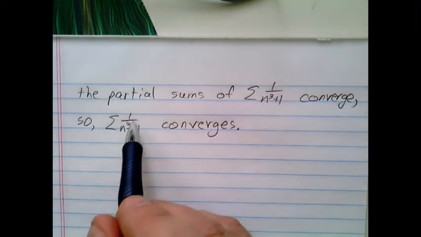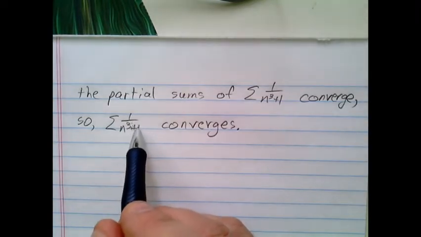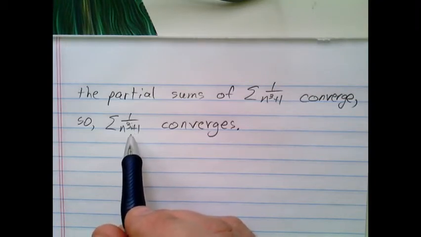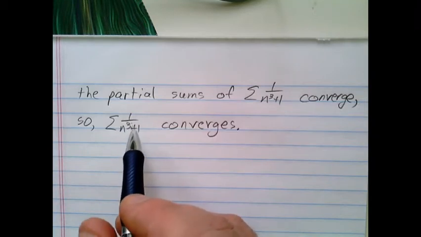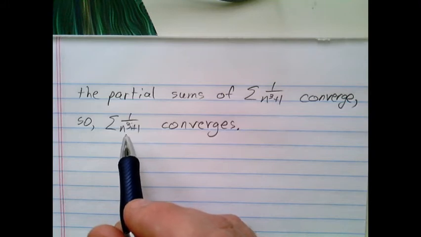The second thing, that all the terms are positive, tells me that the partial sums are increasing. And those two things together, that the partial sums are bounded and increasing, tell me that it's convergent.